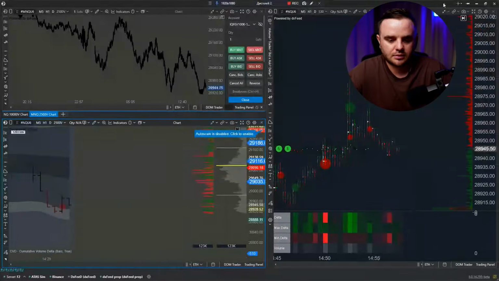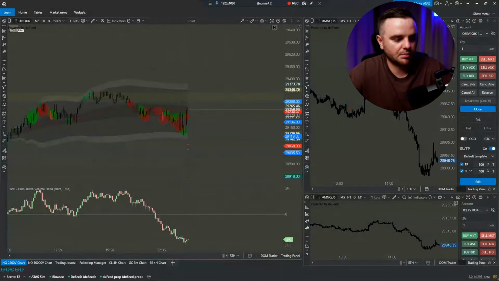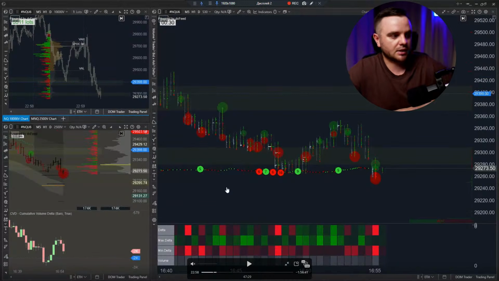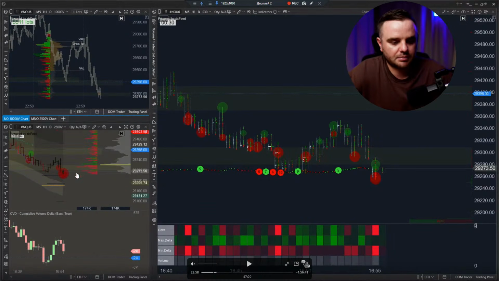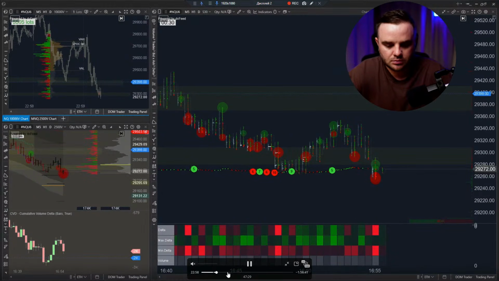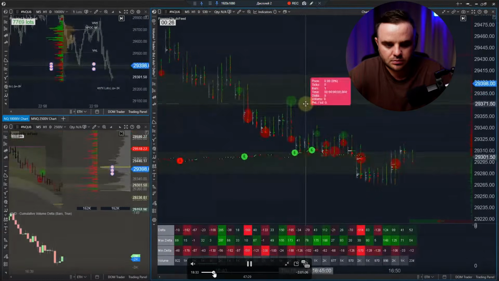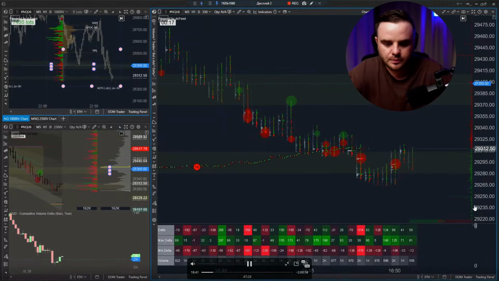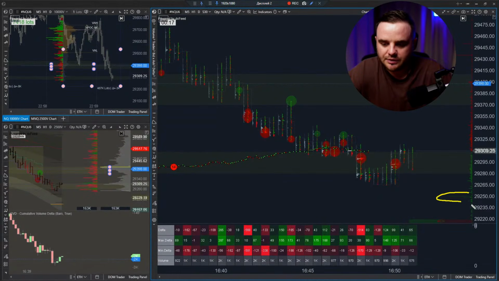Here, let's cover this example as a gentleman asked us regarding the heat map. What you can see here, you can see significant limit orders that appear at the low. Have a look. Do you see at this moment significant limit orders at this 29 to 150?